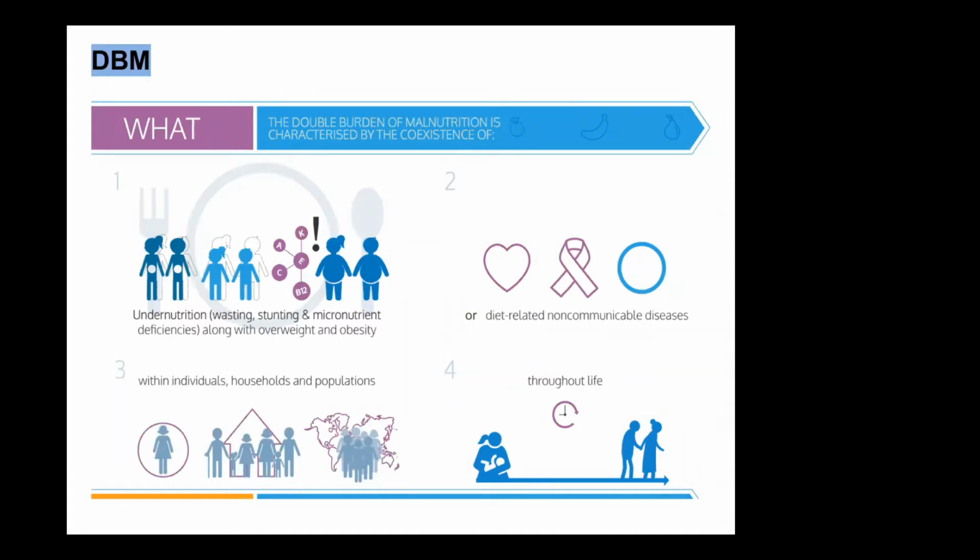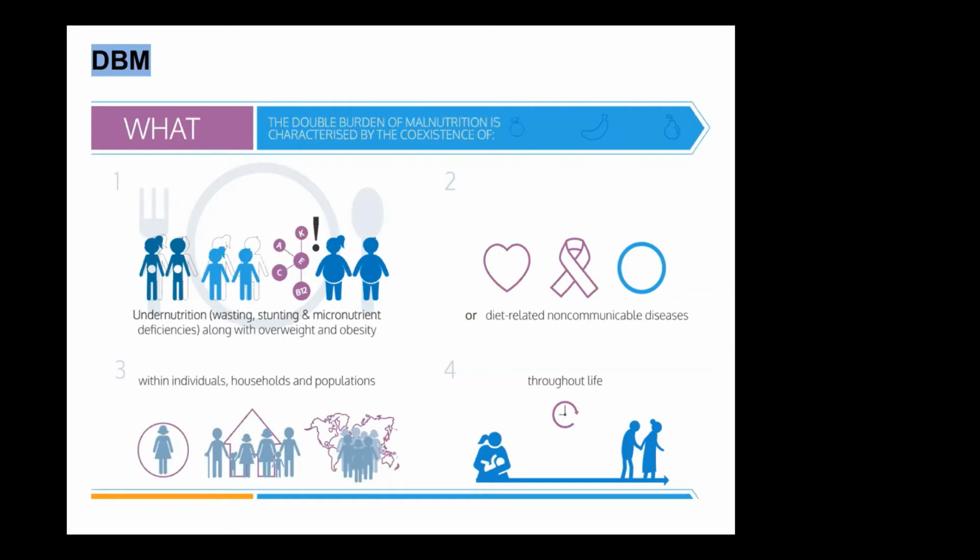At the household level, there can be two different persons having two different forms of malnutrition. For example, a pregnant woman can have micronutrient deficiencies, like iron deficiency anemia, and a child can be overweight. So that's at the household level. And at the population level, it depends.